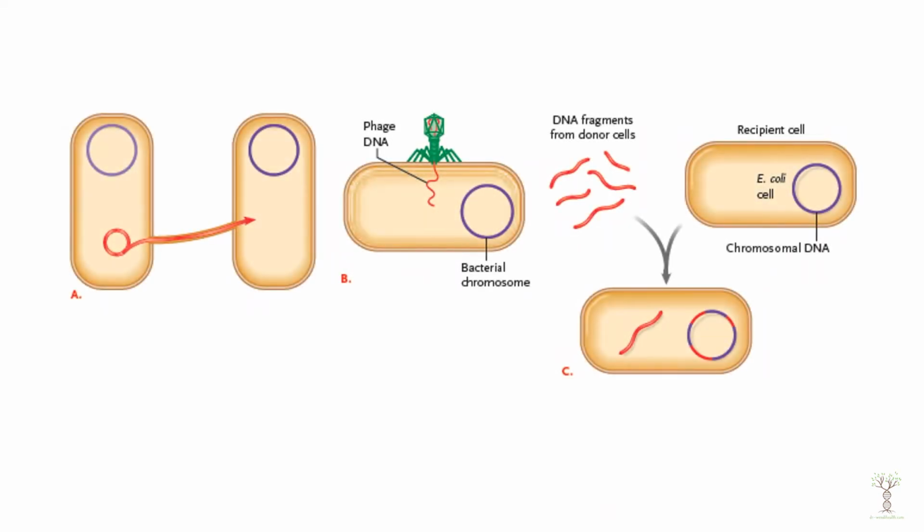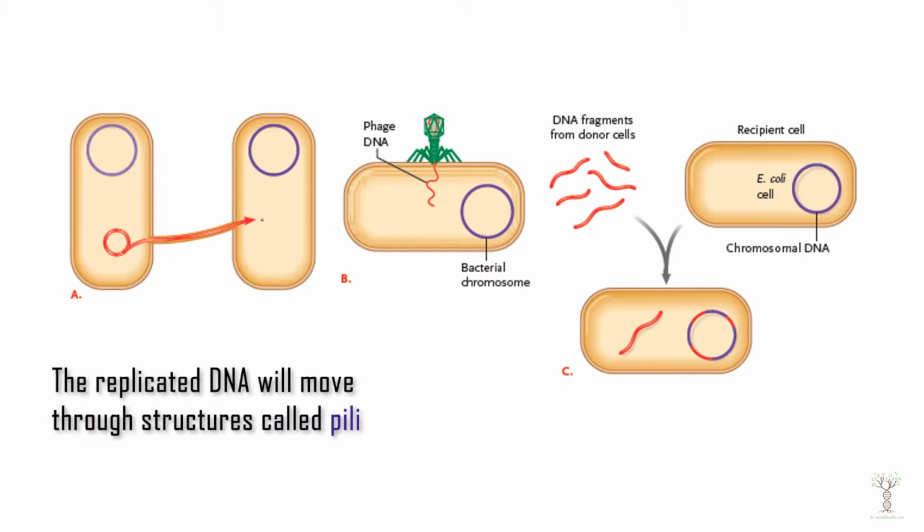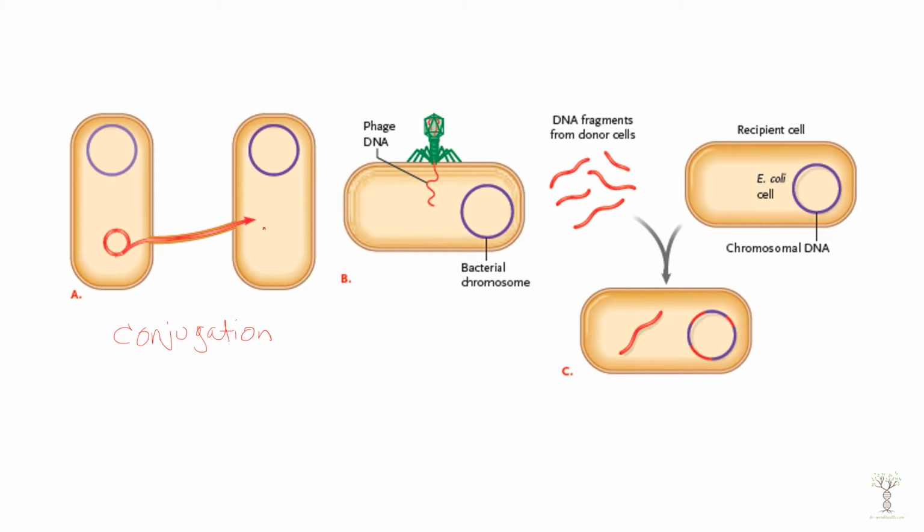They acquire new DNA in three different ways. One way is to copy the DNA. In this example, it's showing the plasmid is going to replicate itself and move over into the other cell. This process is called conjugation. When bacteria share DNA directly from one cell to another cell, that is conjugation.